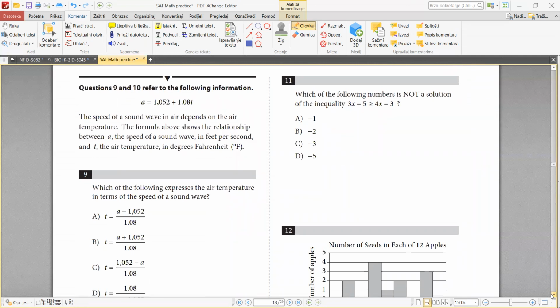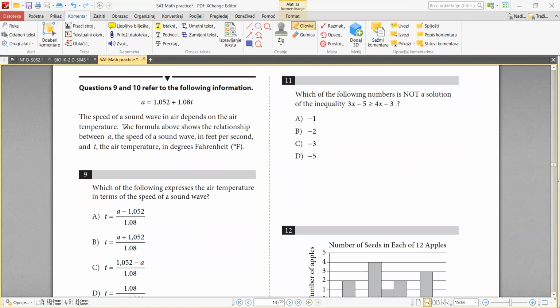Questions 9 and 10 refer to the following information. A equals 1052 plus 1.08 t. The speed of a sound wave in air depends on the air temperature.